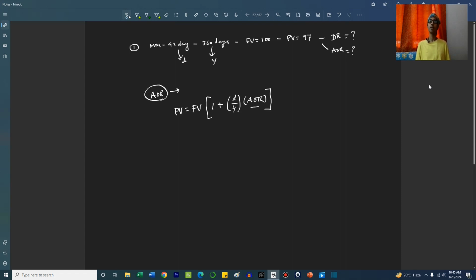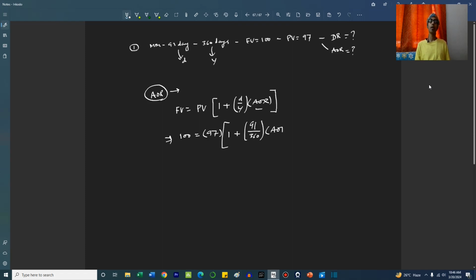Now we have all the other information except the AOR, which we can find out by putting up the values. So here 100 is equal to 97 multiplied by 1 plus 91 by 360 into AOR.